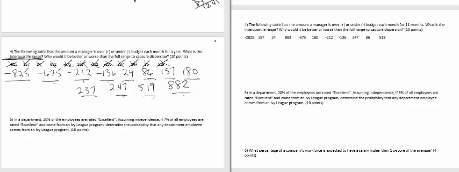Okay. Now what we need is the median. So the median is the one in the middle. In this case, 6 and 7 are the two in the middle, right? So in other words, we have 1, 2, 3, 4, 5, and then we have 1, 2, 3, 4, 5.